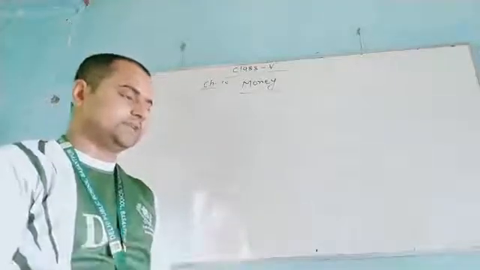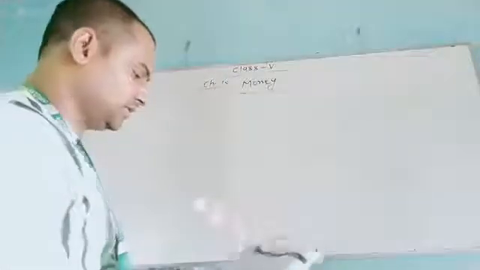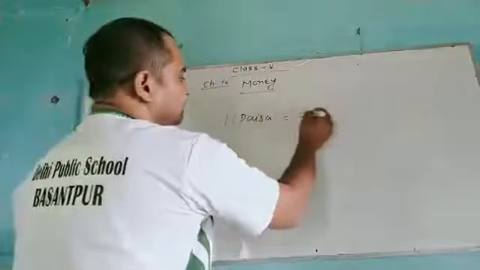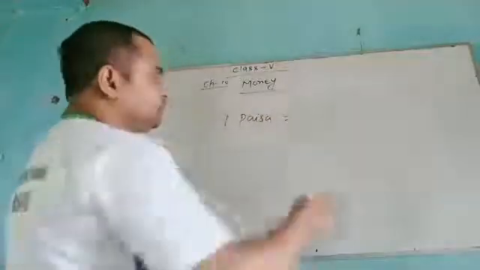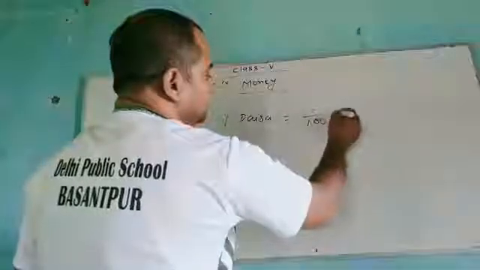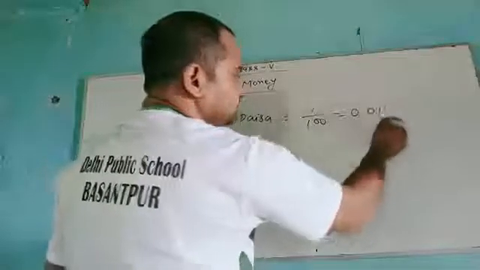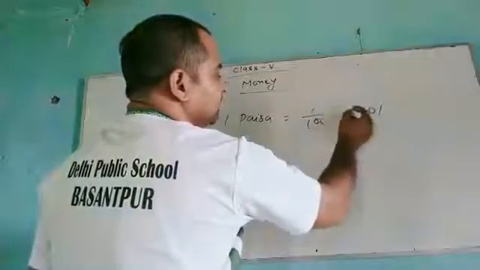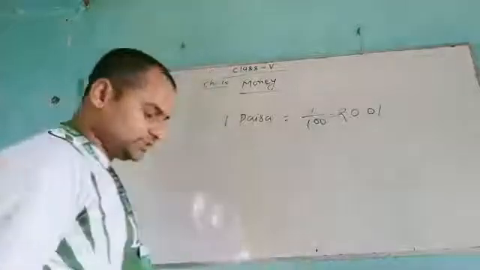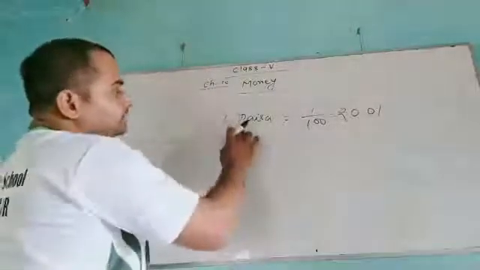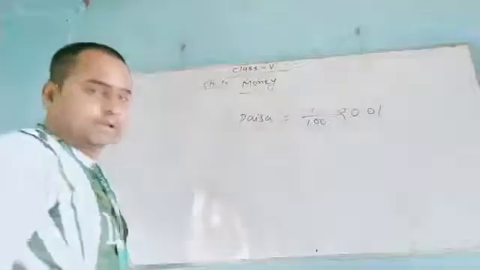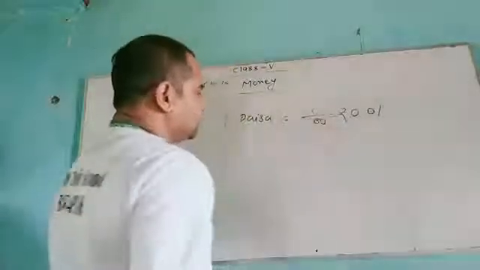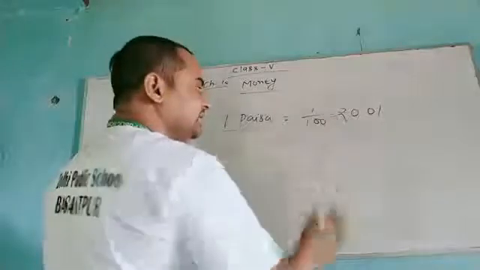First, 1 paisa. You write 1 paisa in rupee: 1 by 100 is equal to 0.01. Okay, students, you write 0.01 and also write its symbol. When you interchange paisa to rupee, you divide 1 by 100.